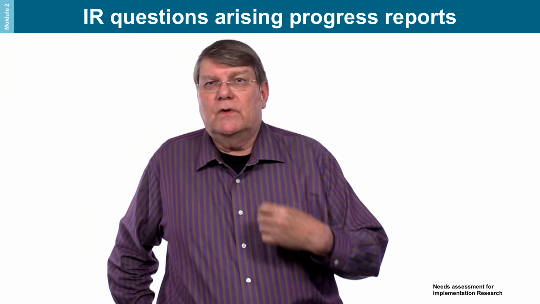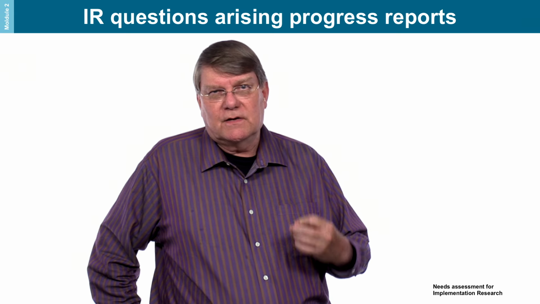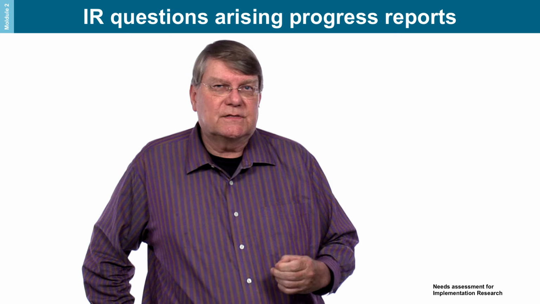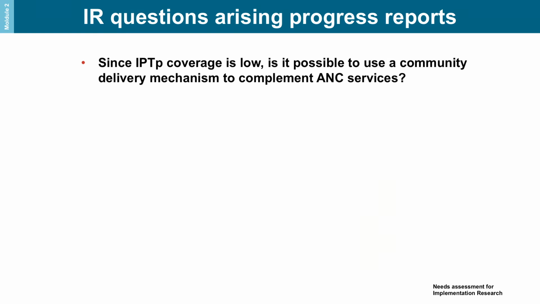There have been pros and cons discussed, but we will not know if this is a reasonable and safe intervention until we pilot test it. So we need to raise questions about, is there a community component to the antenatal care delivery? Can we have a community clinic partnership to improve the delivery of this IPT?